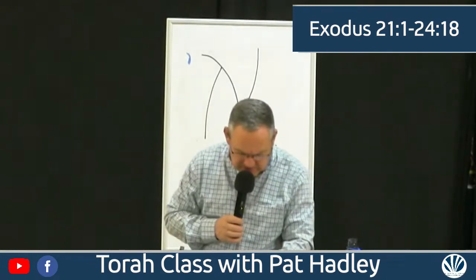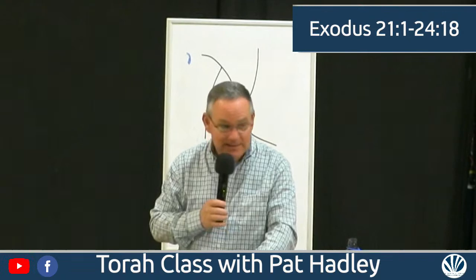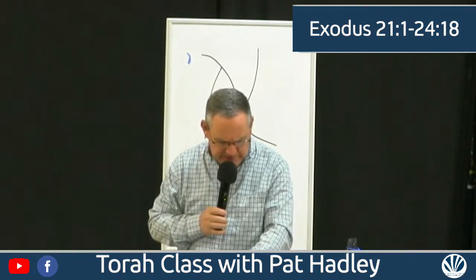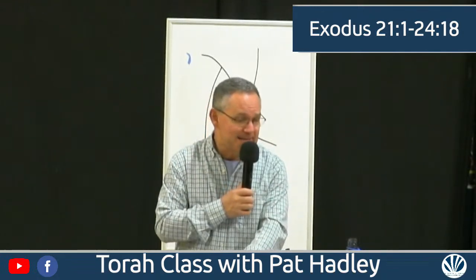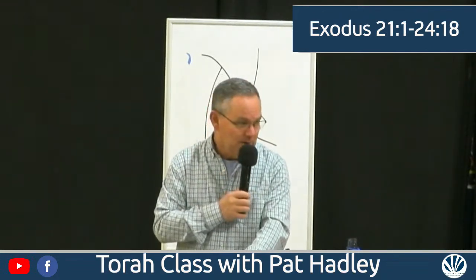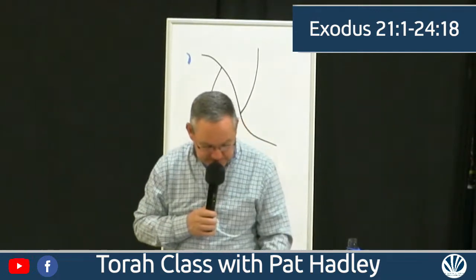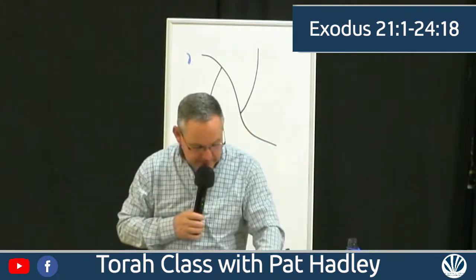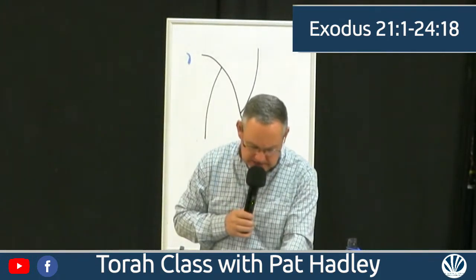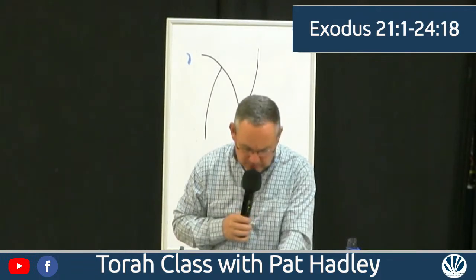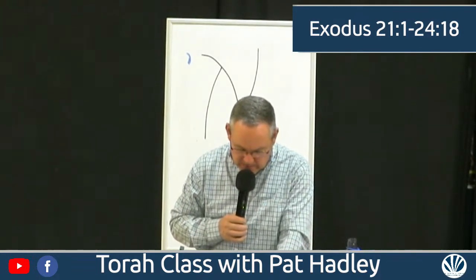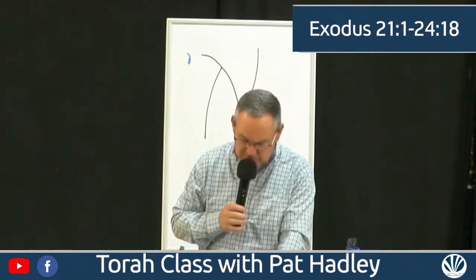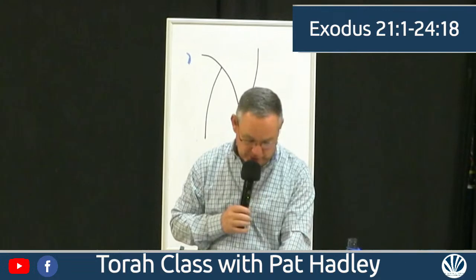The word slave is the word ebed, okay? And it can mean slave, servant, or attendant, or about 20 other things. It has a lot of other meanings, okay? A couple of the notes down here out of the Complete Jewish Study Bible. It says the word eved refers more accurately to an indentured servant or worker.